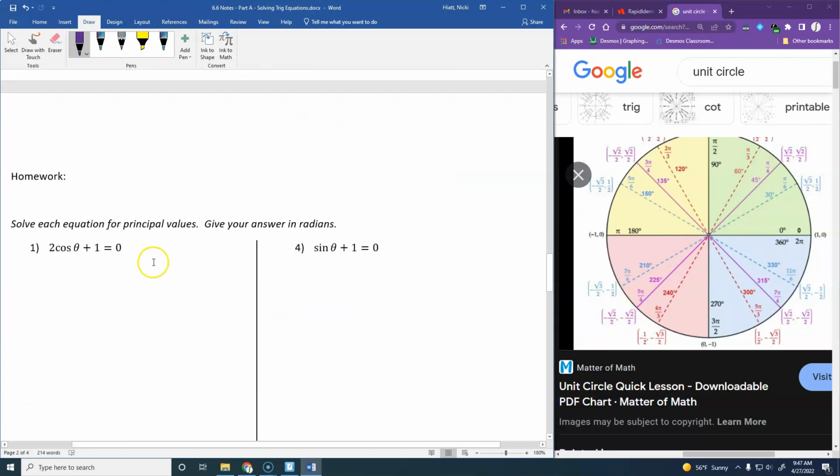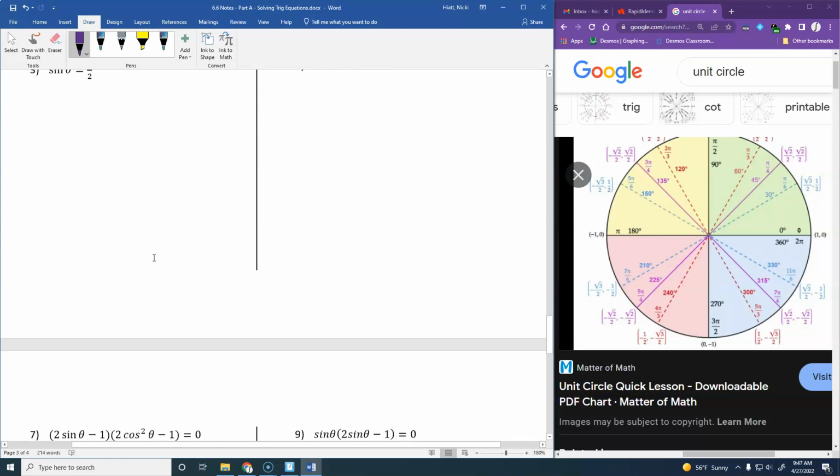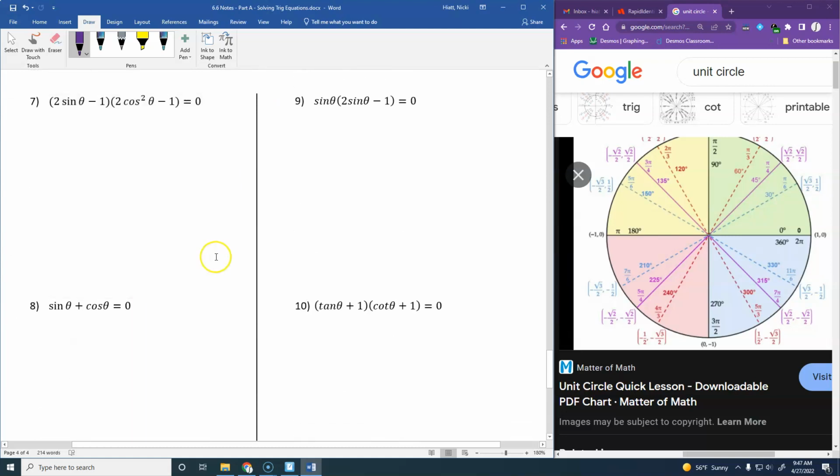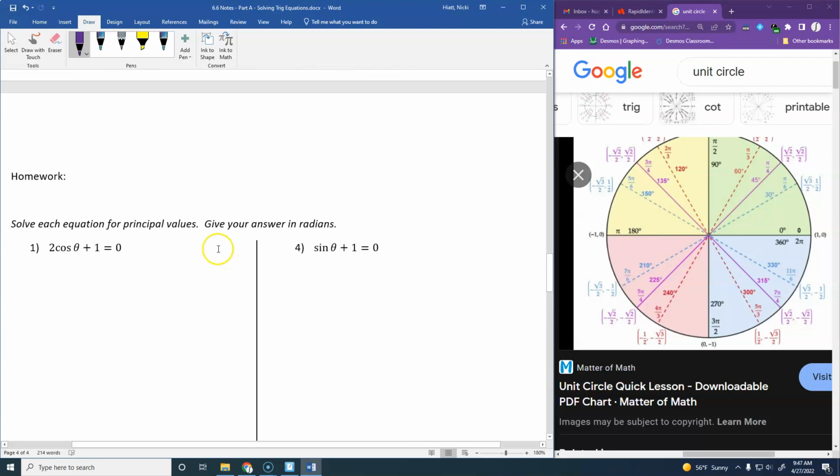So this gives you your assignment. It is similar to what we have been doing. I don't think there's anything much different there. So this will be your homework for tonight. You don't have any homework on the identities, but you can practice some of those if you would like. They're good for practice.